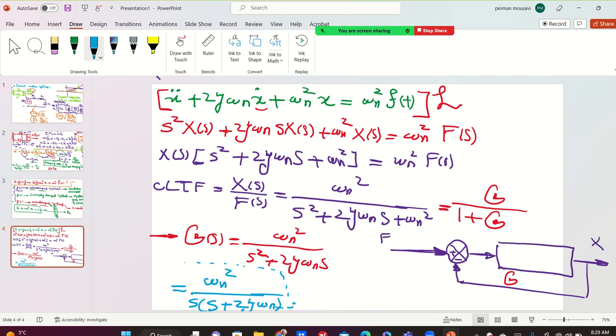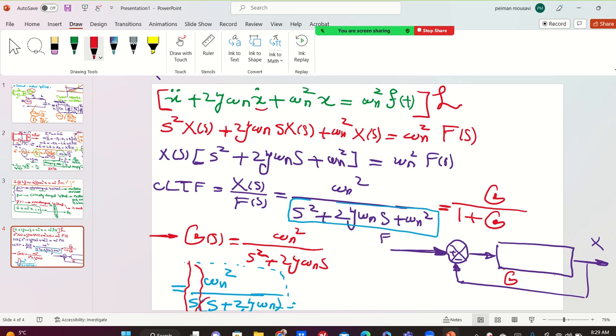Not poles. Obviously, we have two poles because this is a second order equation from high school. We have two poles. Yes. The system has an I controller by itself, 1 over s. See what I'm saying? An I controller. Yeah, 1 over s.